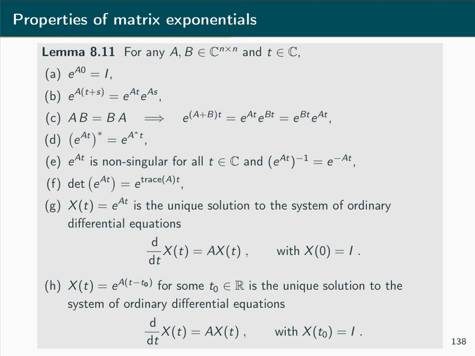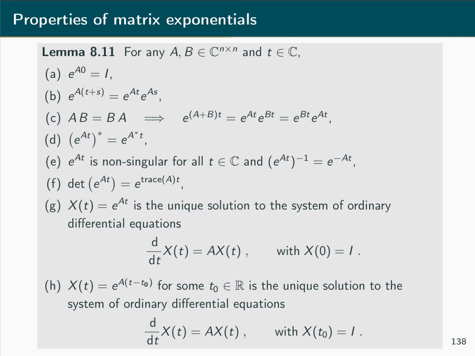C is a little different to the scalar case. Only if we have two matrices A and B which commute, only then it's true that e to the (A plus B)t is equal to e to the At times e to the Bt, which is again equal to e to the Bt times e to the At.